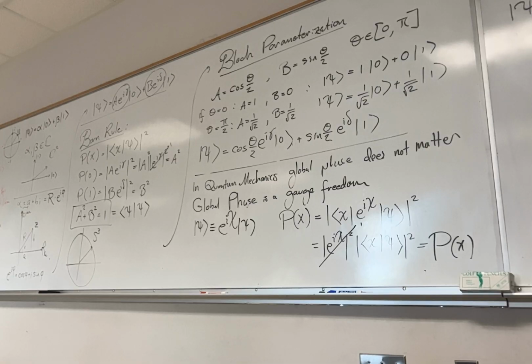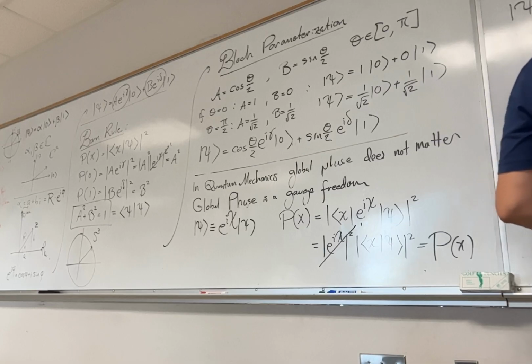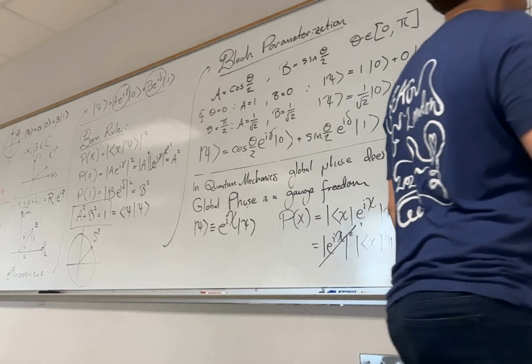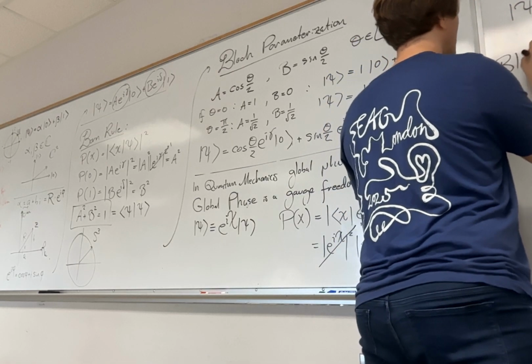Well, I had e to the i delta, and then I subtracted e to the i gamma, basically, right? Let me write that as e to the i (delta minus gamma). And so I've consolidated my two spurious degrees of freedom into one relative phase. So let's say this is the relative phase, and define that as phi, pardon me. So this is the real Bloch parameterization.